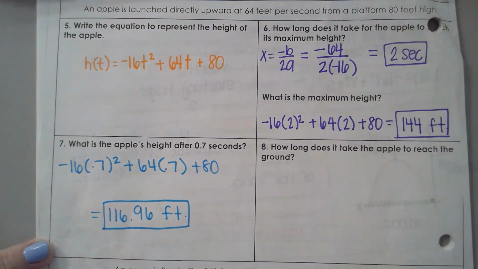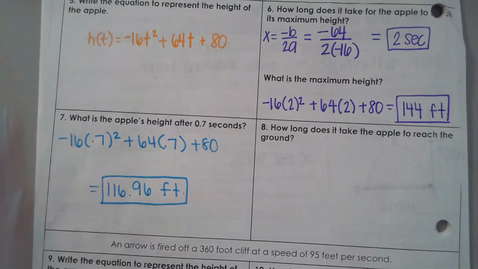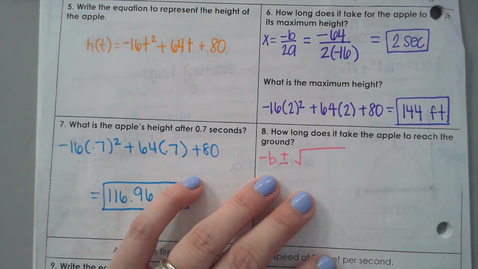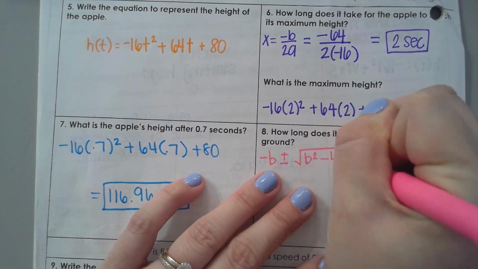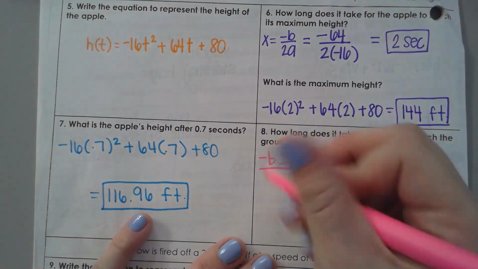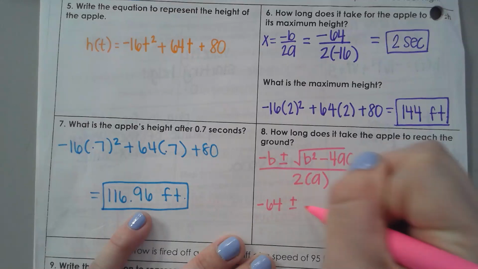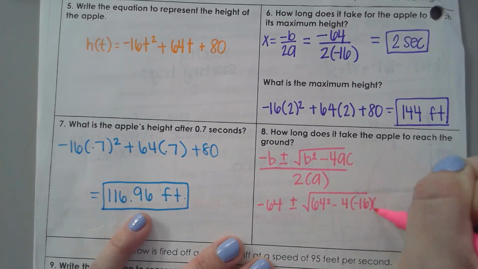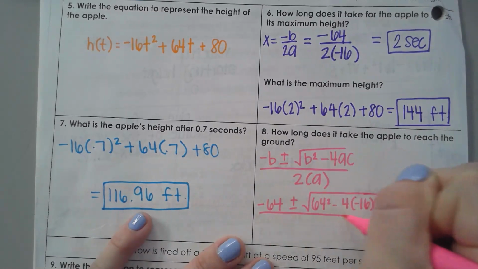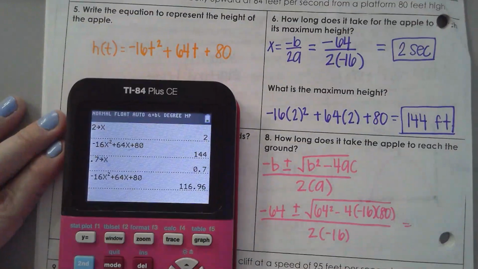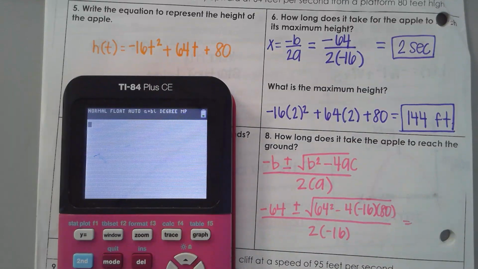Last one is quadratic formula, which is negative b plus or minus the square root of b squared minus 4ac all over 2a. Alpha y equals will take me to my fraction.